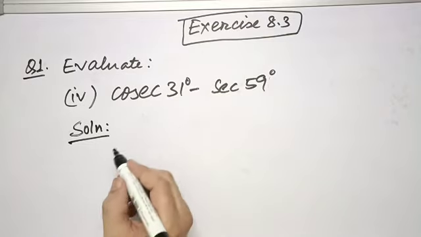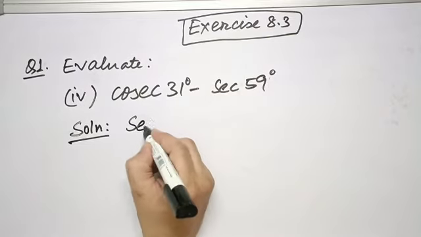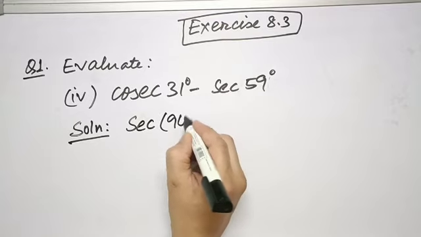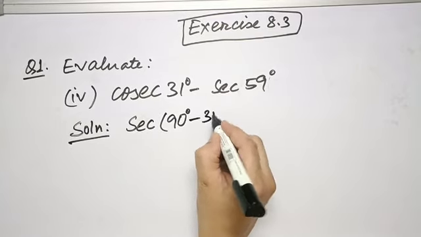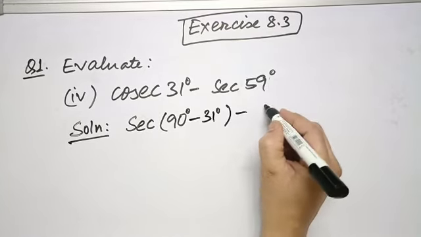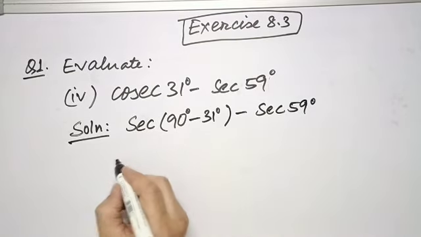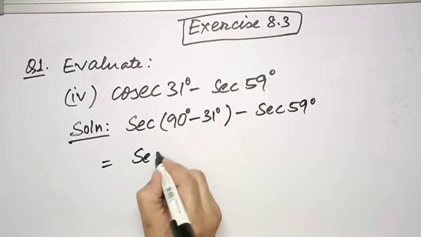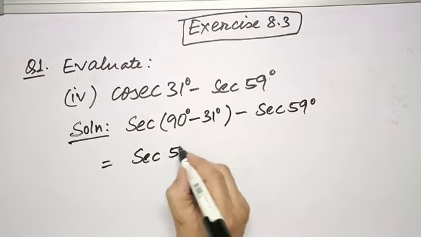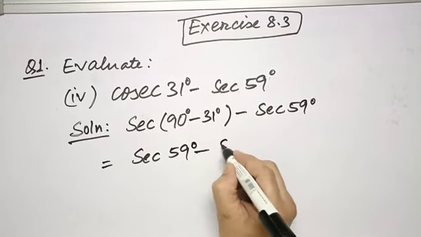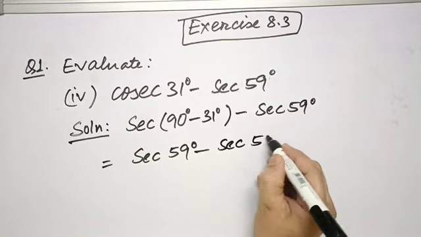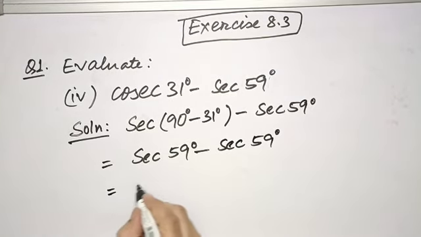Sec and cosec are complementary, so let me write this as sec 90 minus 31, and this as sec 59. Got it? So sec 90 minus 31 will be 59, and this is going to be the same 59, and you know what you are going to get? 0.